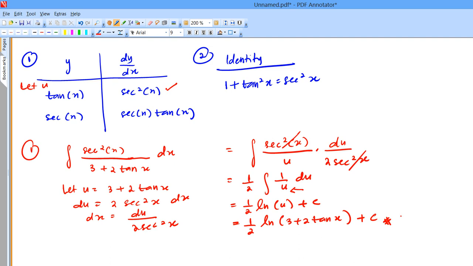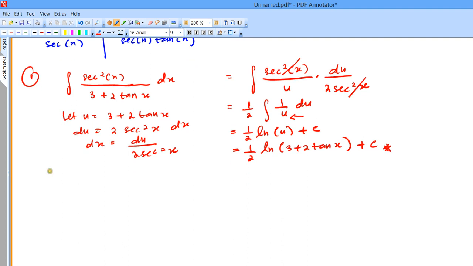Next we move to the second example. Integrate tangent square y times secant square y dy. We have a product of tangent and secant. So when we have a product of tangent and secant, we need to choose a term to eliminate.